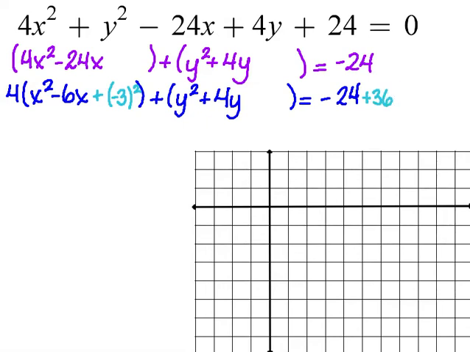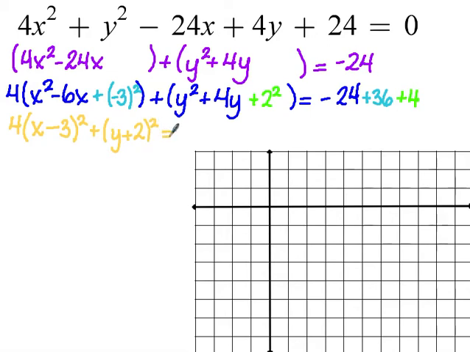Then I'm going to take half of 4, which is 2, squared, and I'm going to add 4. Good. So on the left side, I have 4 times (x minus 3) squared plus (y plus 2) squared.